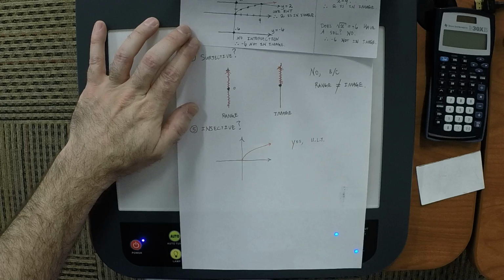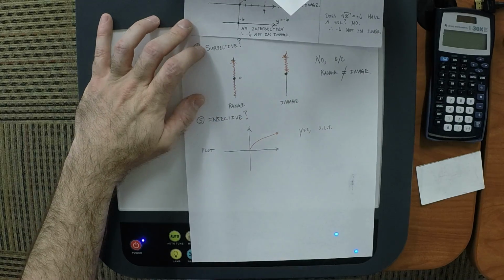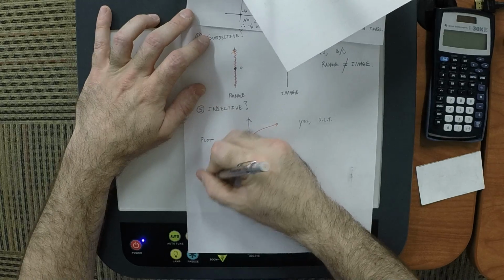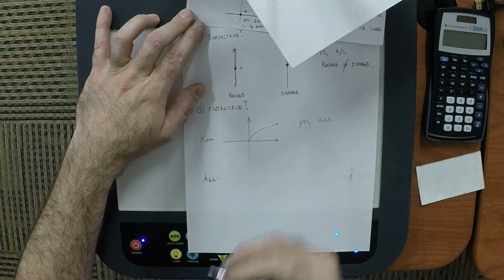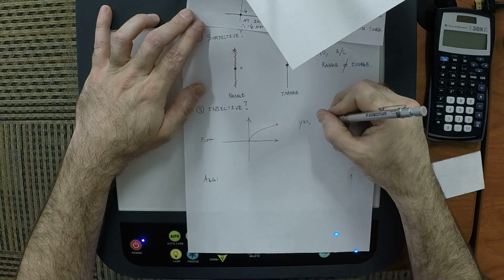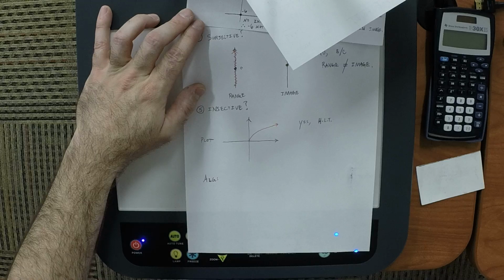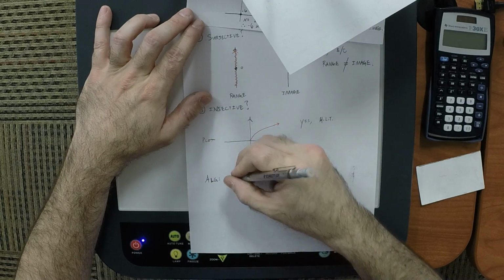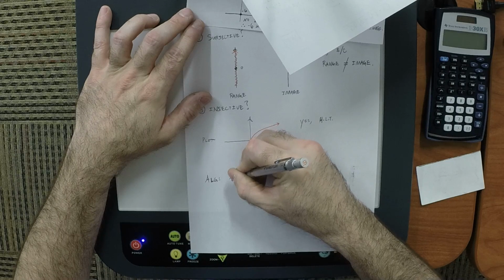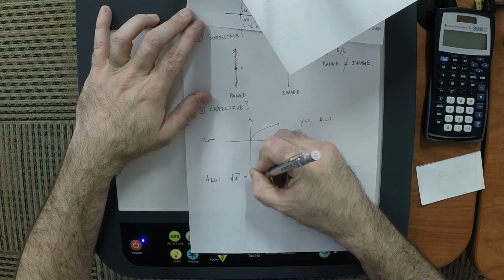That's the plot, if you want to look at it visually. But if you want to ask it algebraically, the question is, how about the square root of x equal to a?